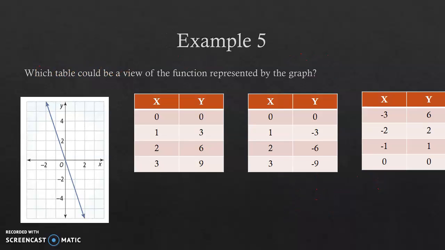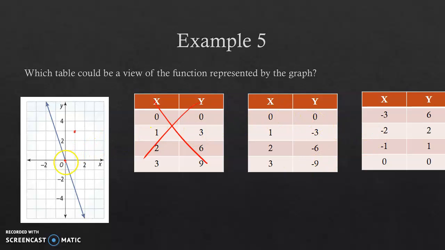Example 5. Which table could be a view of the function represented by the graph? So what we're needing to do is match points. So here we have 0, 0, right? That's on this graph. And then we go 1, 3. Oh, well, that's not on my blue line, so it can't be this first one.